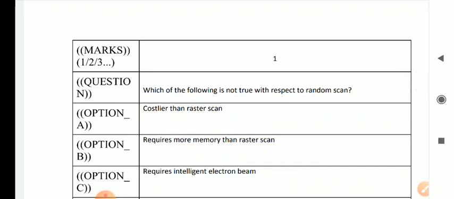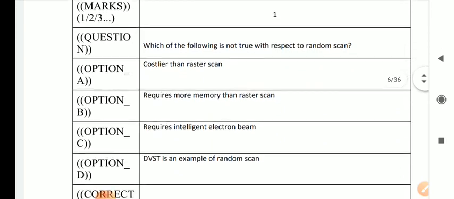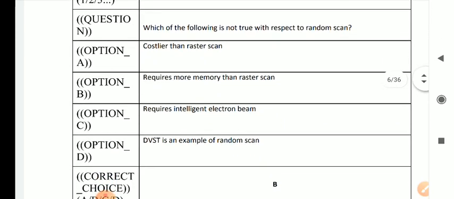Which of the following is not true with respect to random scan display? So random scan display is costlier than raster scan display. So this is true. We know that random scan display is costlier than raster scan.